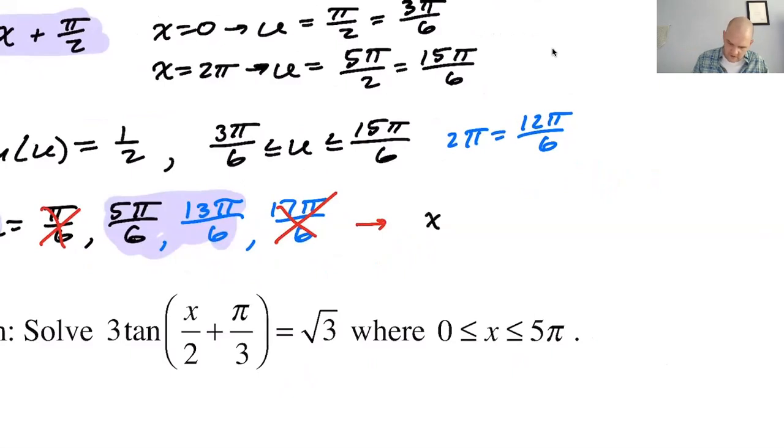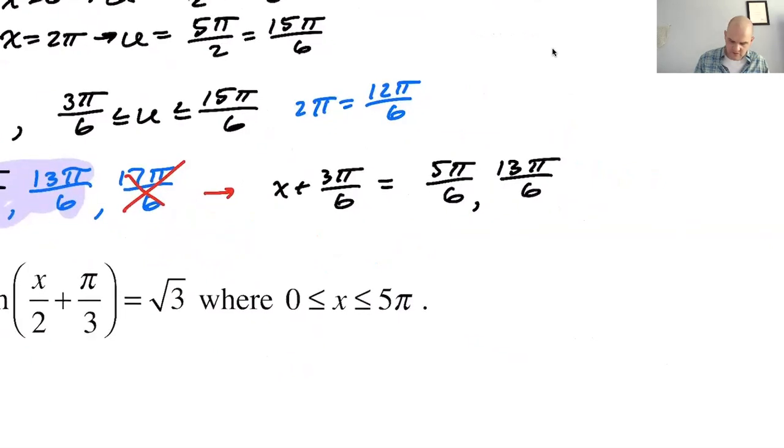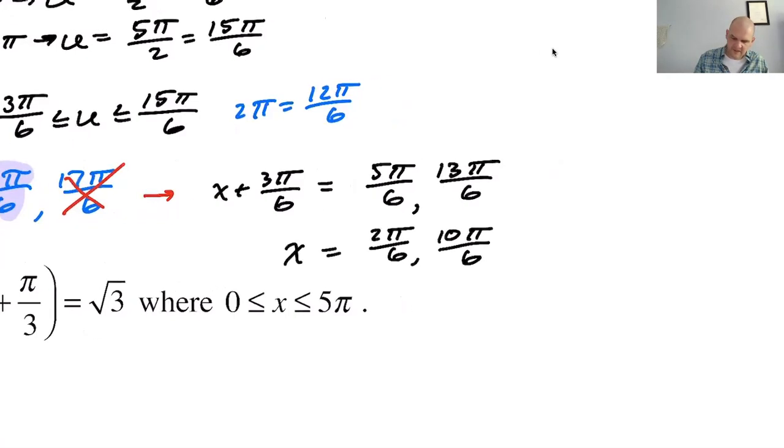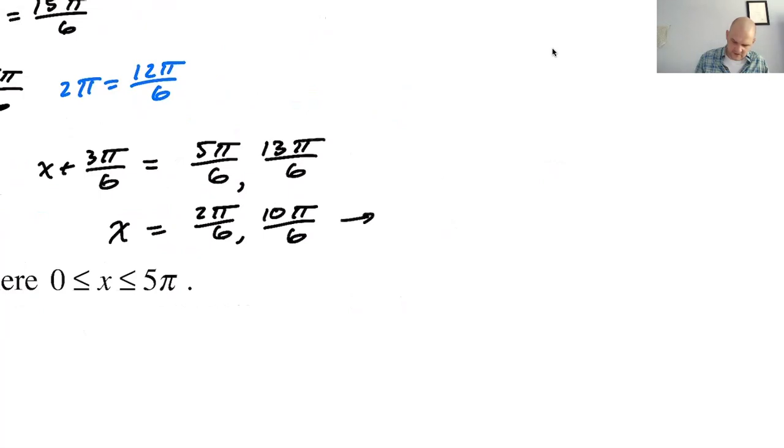So x plus 3 pi over 6 equals 5 pi over 6 or 13 pi over 6. So all we have to do is subtract. So this is a little easier maybe. Get 2 pi over 6, 10 pi over 6. I feel like in this case, because there's only 2 answers, and I don't want to look too lazy, I'm going to simplify this.